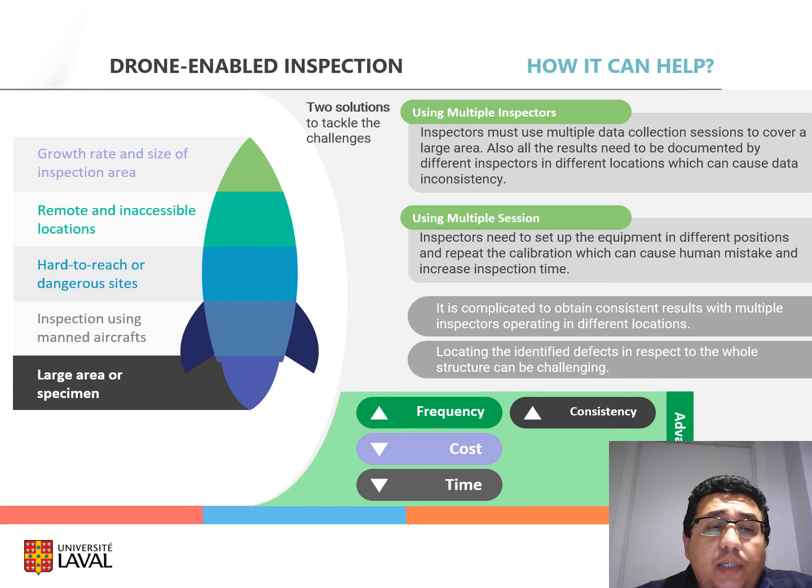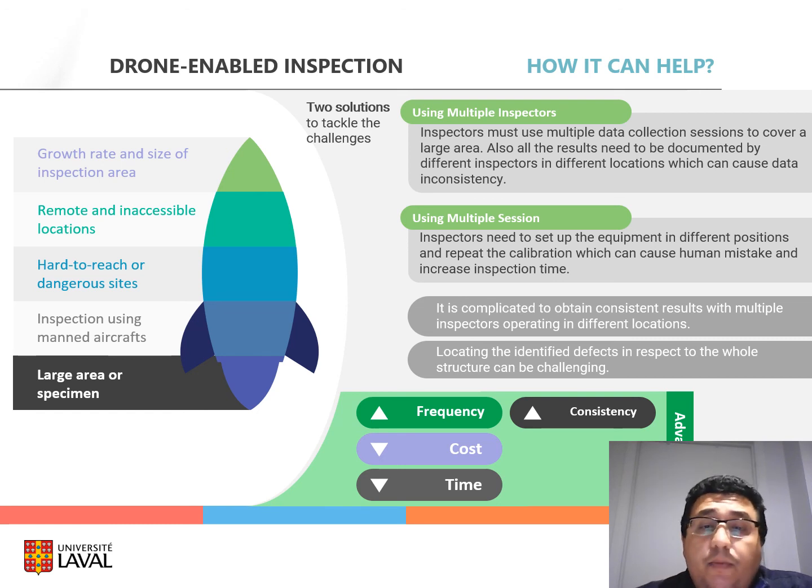The last one is inspection of large areas or specimens. Conventional methods usually choose two different approaches for inspection of large areas: using multiple inspectors or using multiple data collection sessions. In the first approach, inspectors must use multiple data collection sessions to cover a large area. Also, all the results need to be documented by the different inspectors in different locations, which can cause data inconsistency.